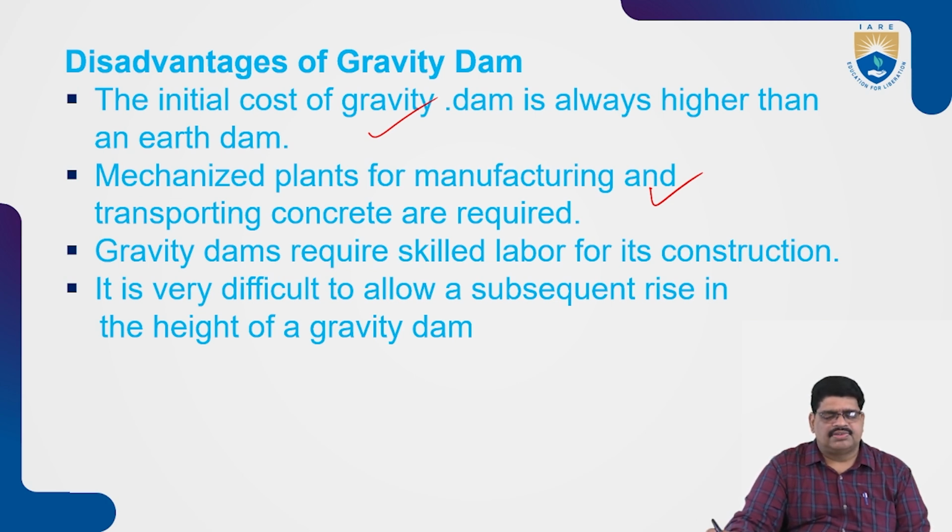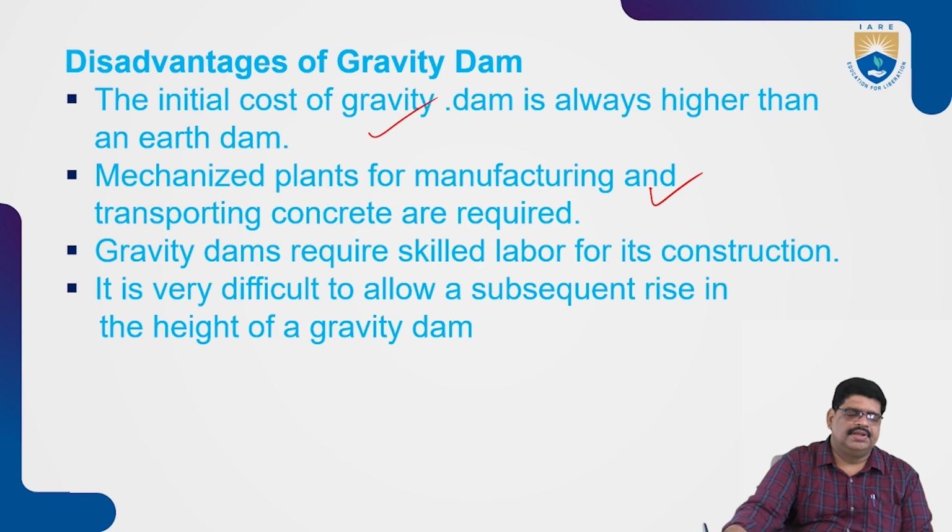Gravity dams also require skilled labor for construction. It may be acquired from other places also, but it is difficult to allow subsequent heightening of the gravity dam. So these are four points of the disadvantages of the gravity dam.